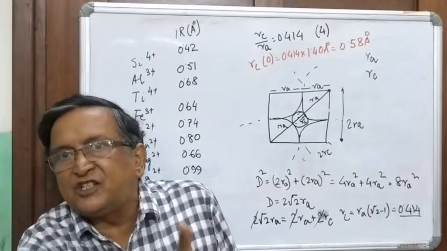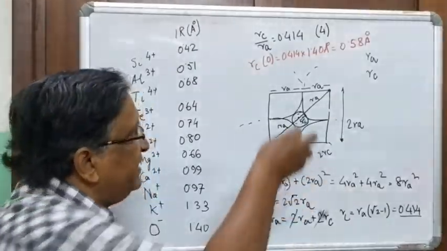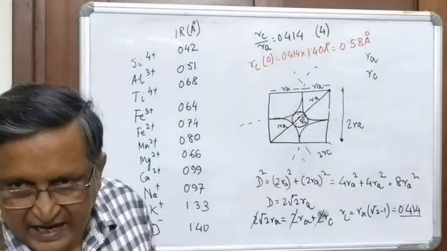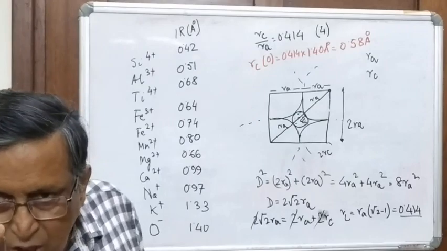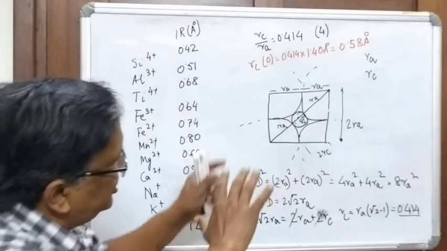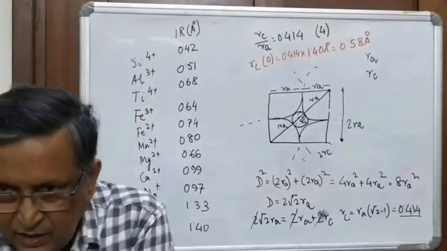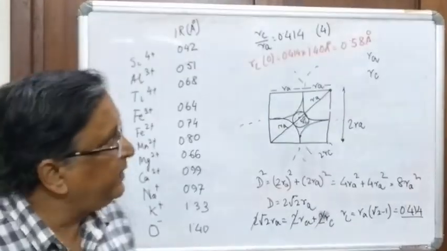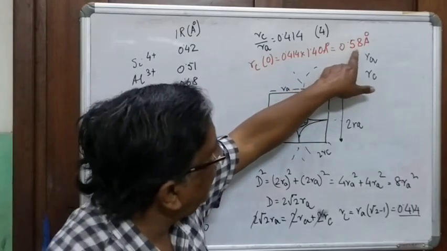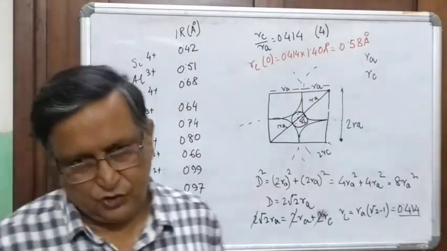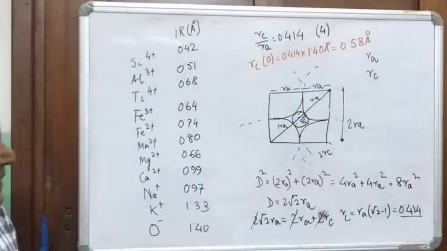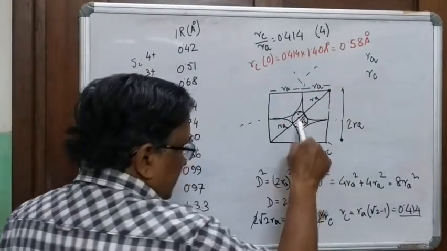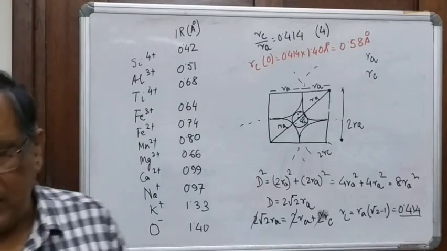of a planar square, then the cation that can be lodged here, which smugly fits in without compressing anything, in ionic bonding, should have a value of 0.58 angstroms. If the radius of the cation is smaller, the whole structure collapses.